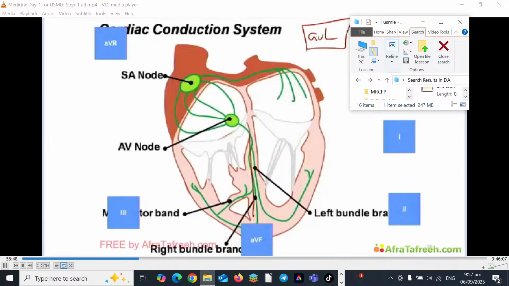When it goes downwards, as we said, it should have a magnitude as well as a direction. Direction wise, it will go into the right ventricle and also the left ventricle. But magnitude wise, because the left ventricle is so much bulkier, so much beefier than your right ventricle, a lot of the magnitude would be towards the left side.